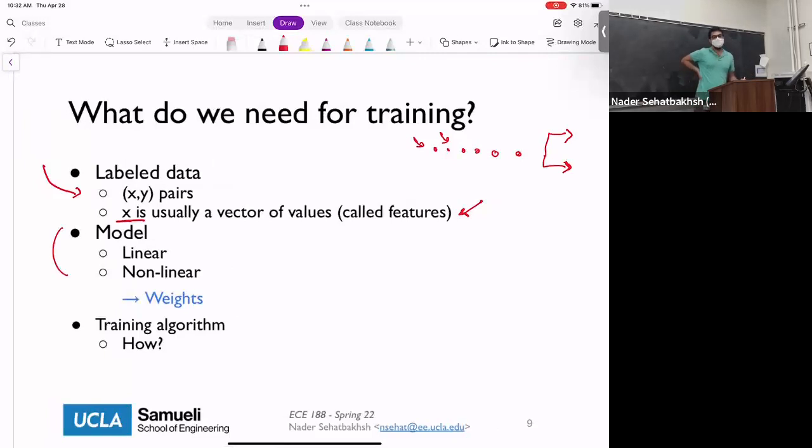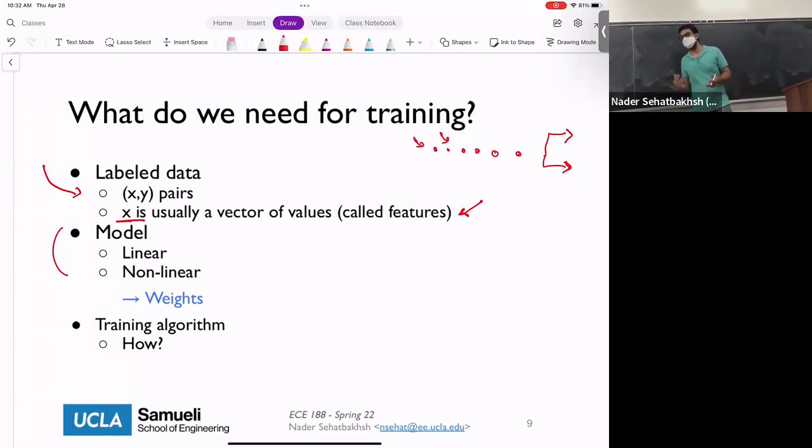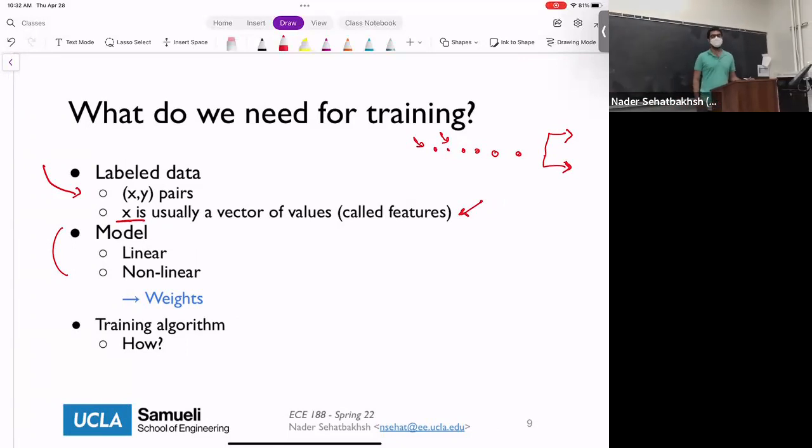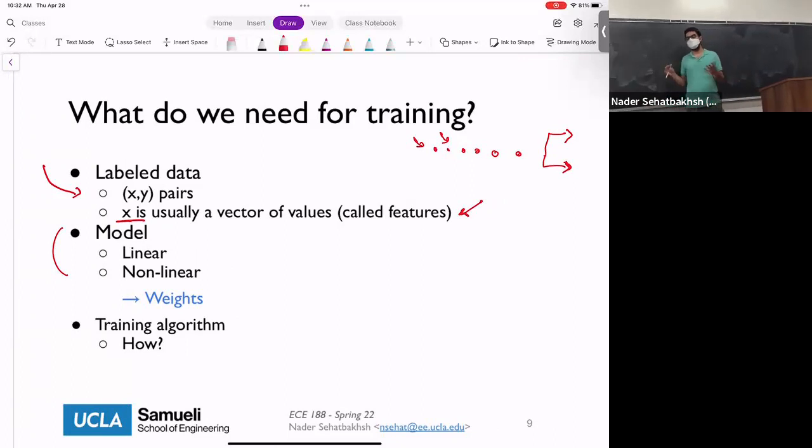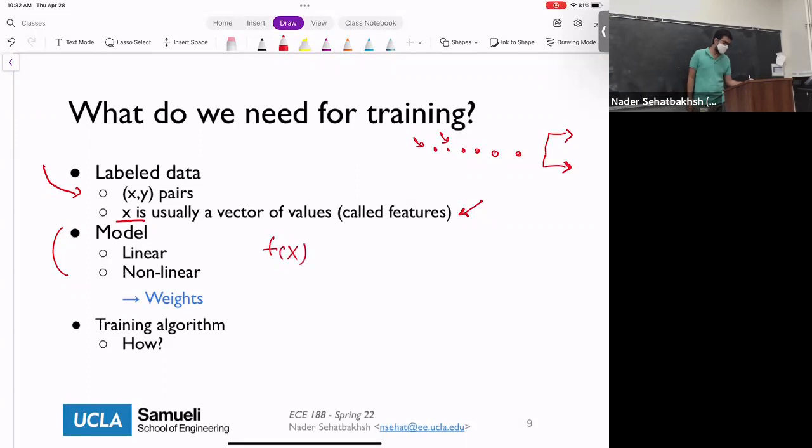The second thing is the actual model. What is the actual mathematical function that you want to use in order to predict the outcome? This model is not something that just magically happens. At the end of the day, there is some mathematical representation for what your model is. So, for example, in the case that I told you, it could be a1 plus a2 times x, or it could be any sort of polynomial function.